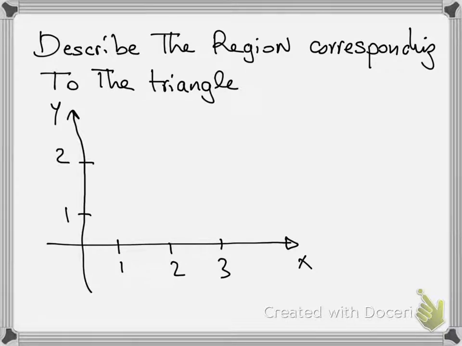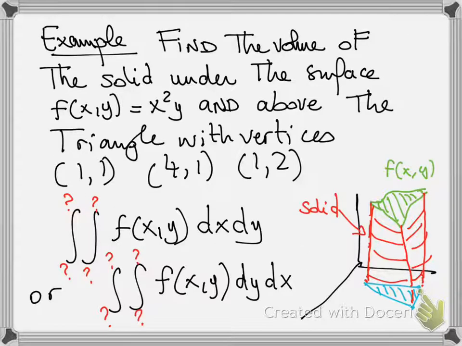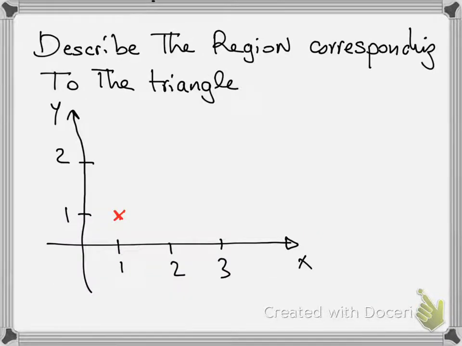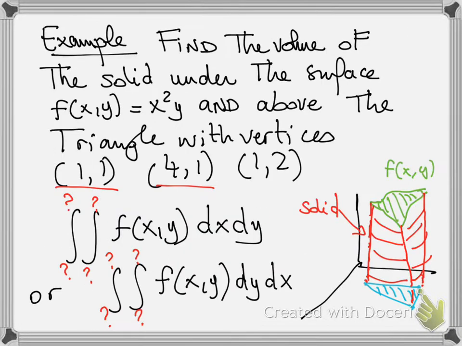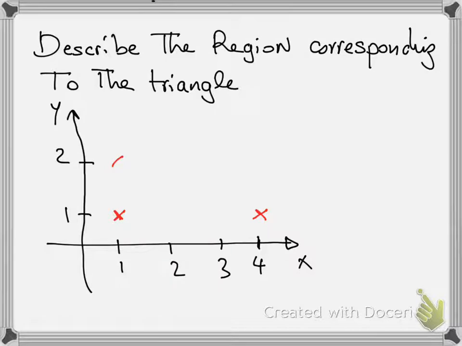So my triangle corresponds to the following. The first vertex is (1, 1). The second vertex is (4, 1), so I need 4 here. And the third vertex is (1, 2). So my triangle would be this one here.